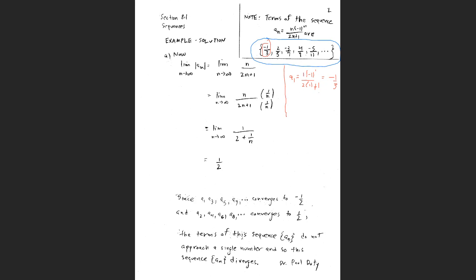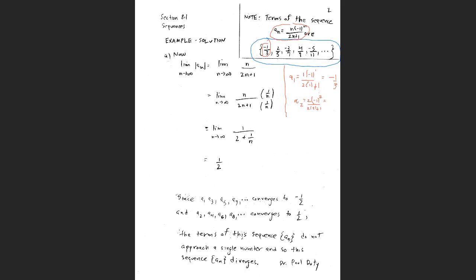The second term is 2/5, right? So for 2/5, I'm using the formula here. Okay, so n is 2, so that's 2 times negative 1 squared over 2 times 2 plus 1.